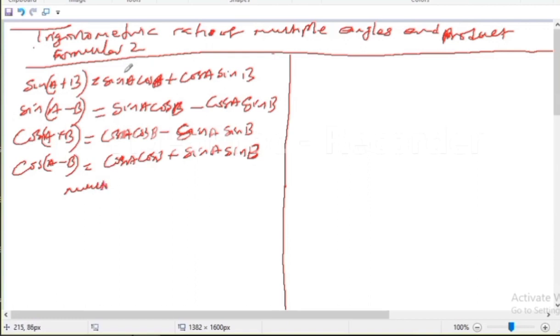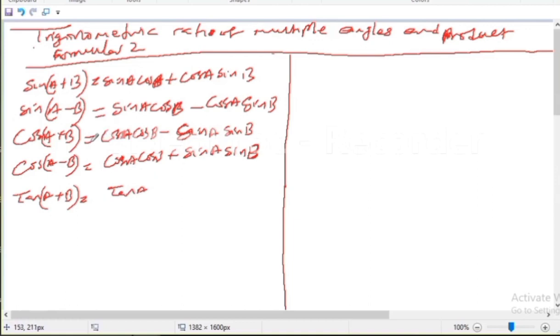You will have tan(A plus B). So definitely you will have this one, and then you have this one and this one. So this divided by this, you will simply have tan A.